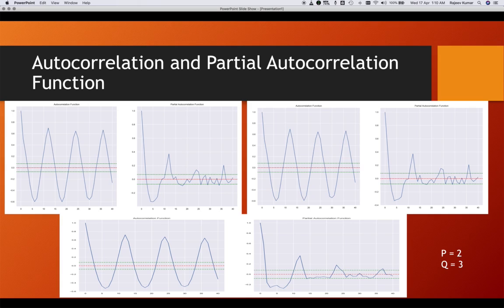There are different diagrams here: one based on the whole data set, another on the training data set, another on the logarithmic training data set. In all of them, P and Q are almost the same: P equals 2 and Q equals 3.